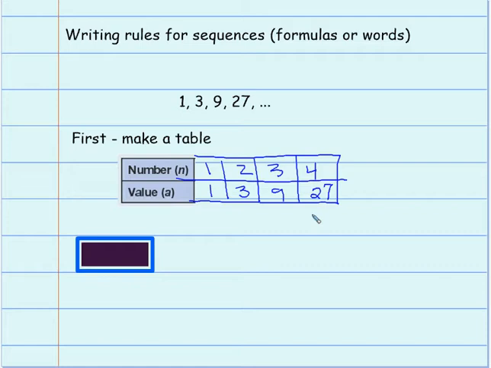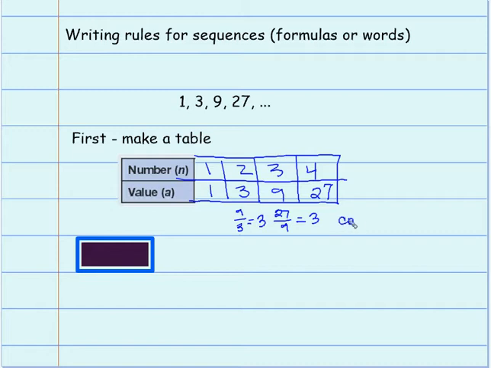Now, this may take a little bit of determining on your part. So remember we made that graph out of this, or you know that the constant ratio was 27 divided by 9 equals 3, and 9 divided by 3 equals 3.